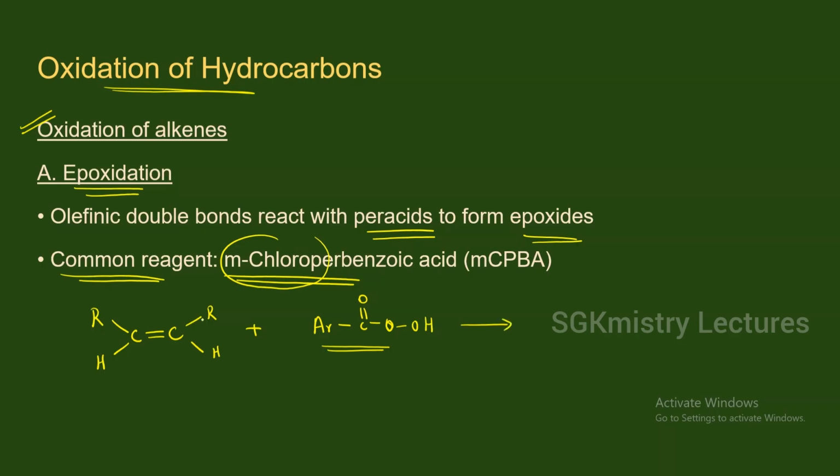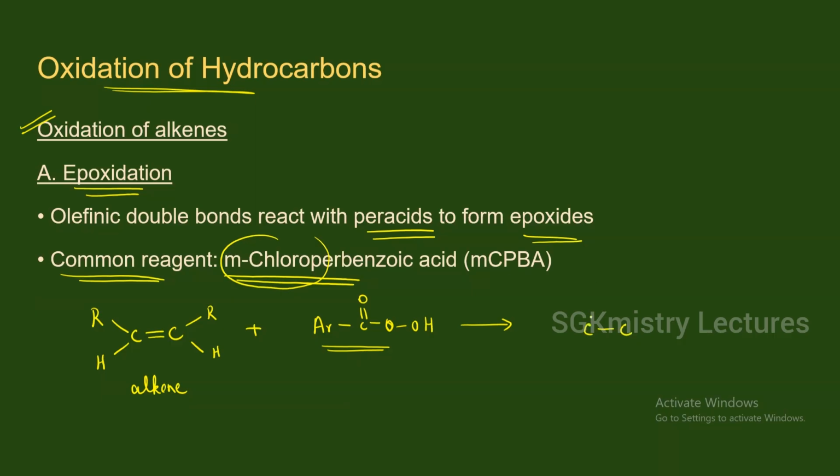So this double bond, here we know that there is an alkene, or the olefin. So let me write it clearly. So this alkene on reaction with the perbenzoic acid, the aromatic ring can be anything, there can be substitutions also. So here epoxidation takes place.